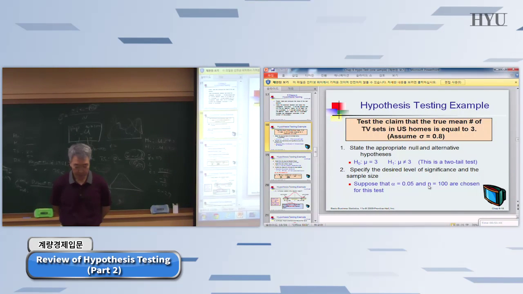And suppose you decide to use 0.05. Obviously this is a two-tailed test because the alternative hypothesis says not equal to. If it says either less than or greater than, then it will be a one-tailed test. So if you decide to use 0.05 as the alpha level, you have to distribute half of that on each side.